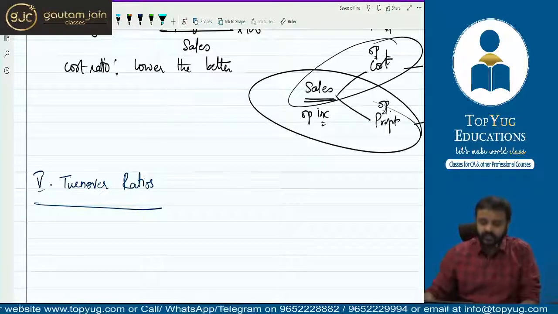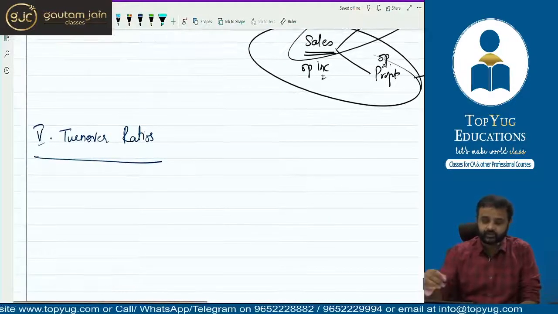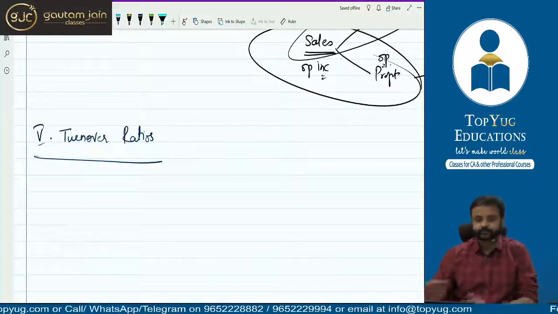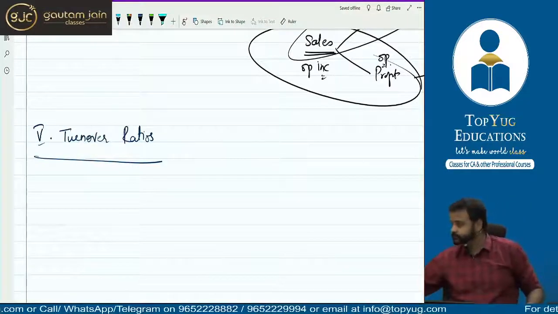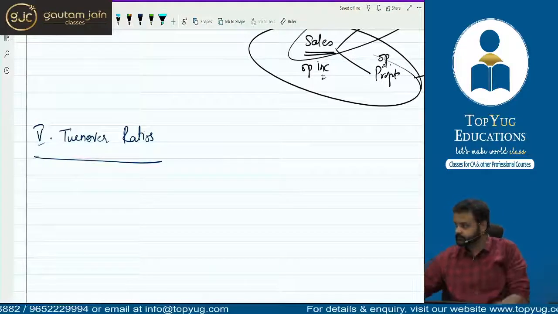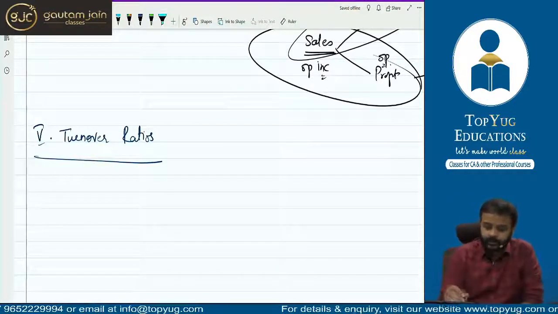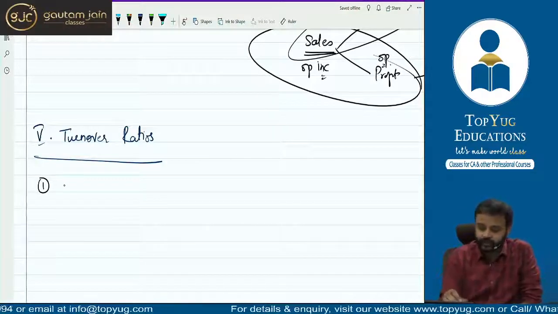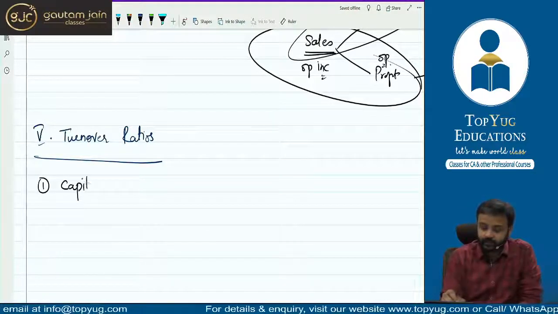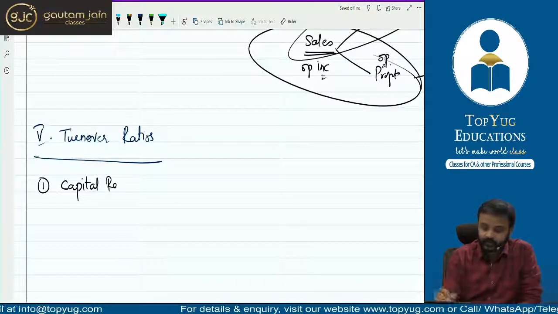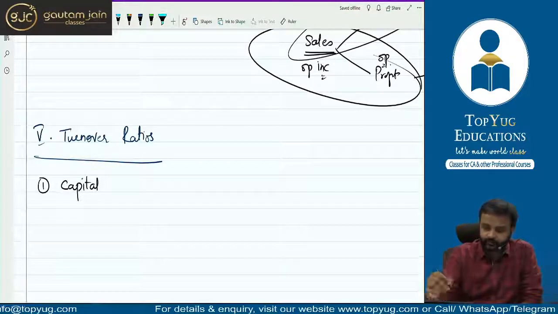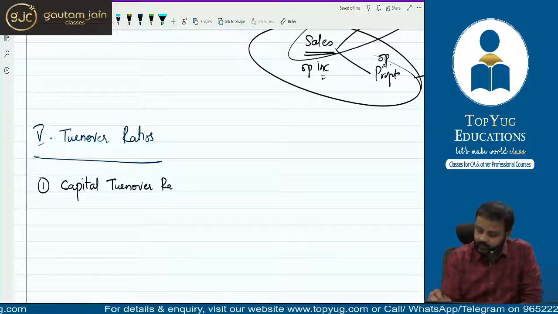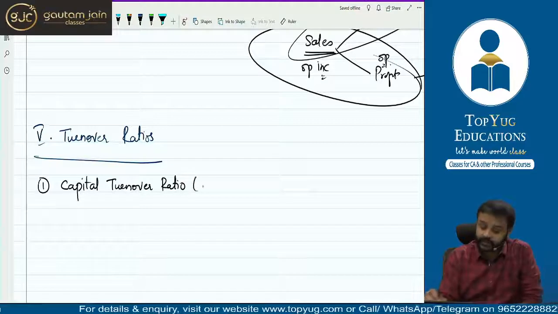Now we are into the next set of ratios, which is turnover ratios. Right. So let us talk about the first turnover ratio which we have, which is capital turnover ratio. In short, I'll call it as CTR.